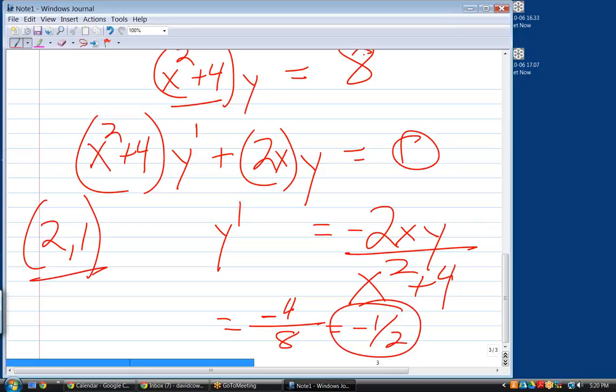Now, if they told you to evaluate it only at x equal 2, we would have to go up and solve that for y. In other words, we would have to figure out what the y coordinate was. But we could do that. We have an equation in x and y right there.